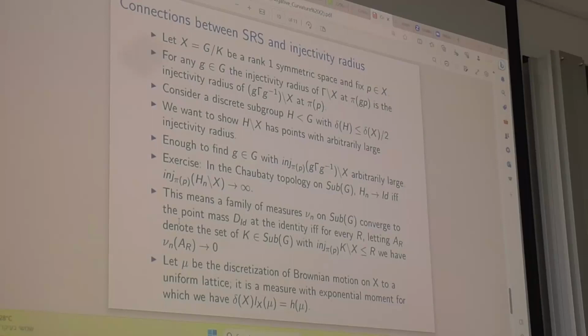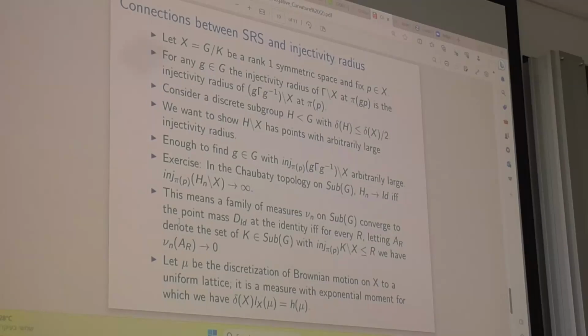If you have a sequence of subgroups H_n of your group G, they converge to the identity subgroup, the trivial subgroup, if and only if the injectivity radius of x mod H_n at the base point converges to infinity.